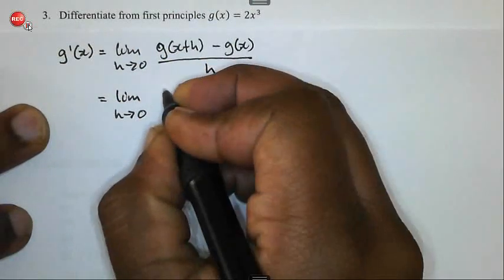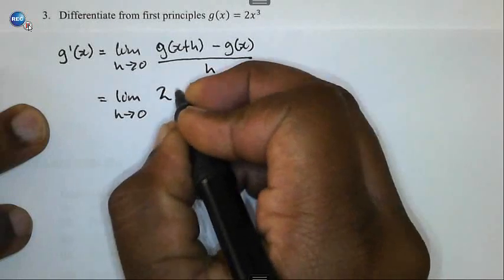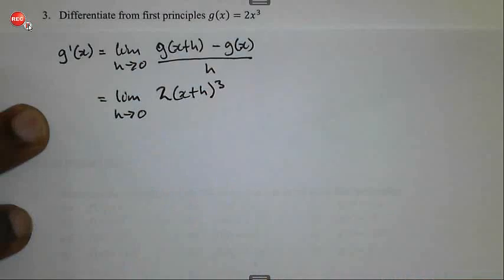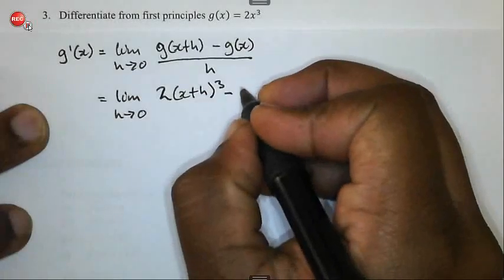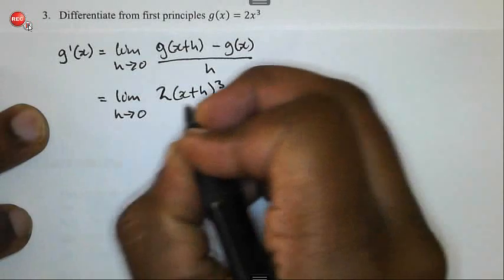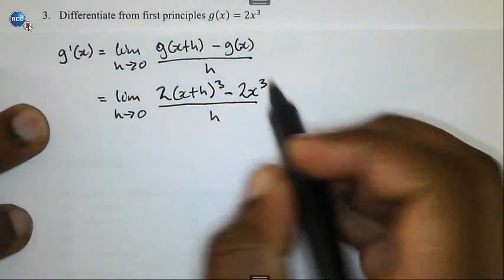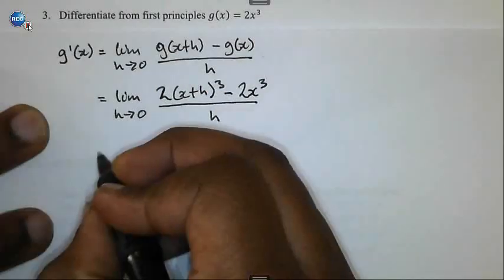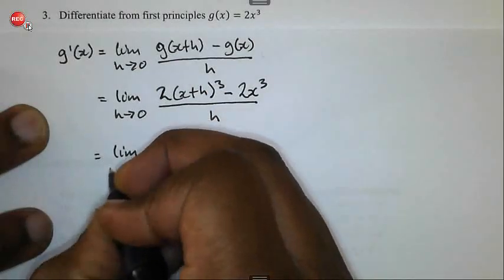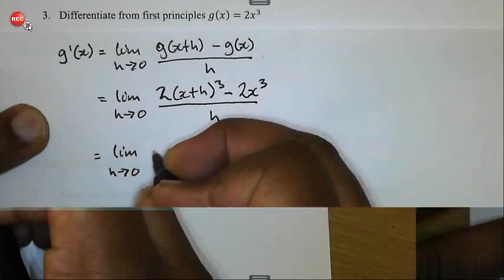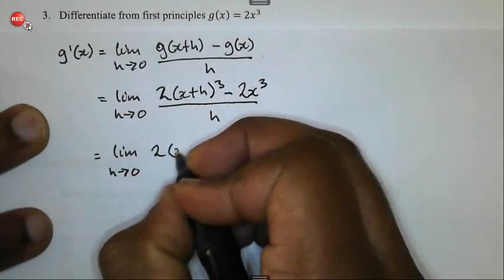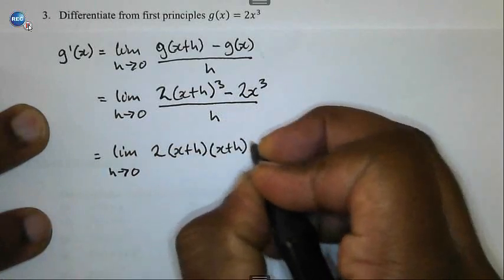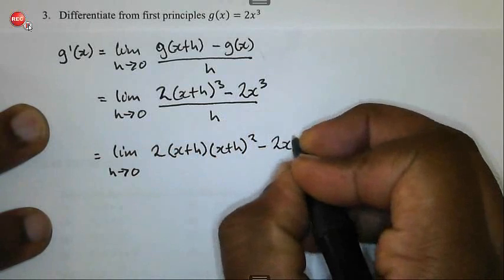Okay, so this is x to the power of 3, but remember we're going to replace x with x plus h. So x plus h to the power of 3, minus g of x, which is just 2x to the power of 3 itself. No need for square brackets because it's just one term, so we can just subtract it as is. Now there we go. x plus h to the power of 3 is the same as x plus h by x plus h squared.